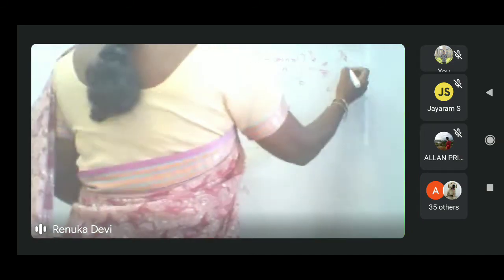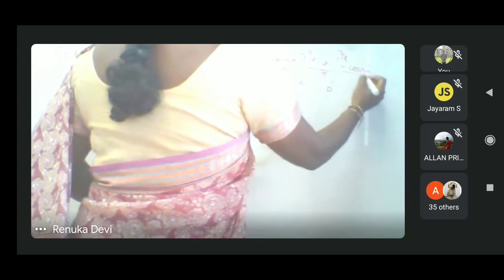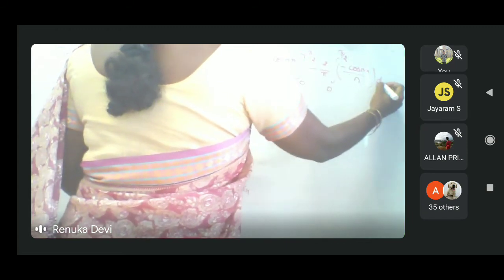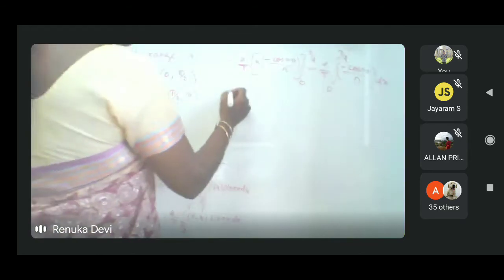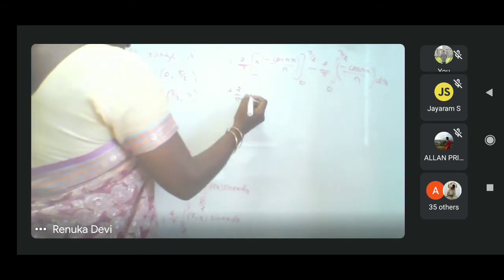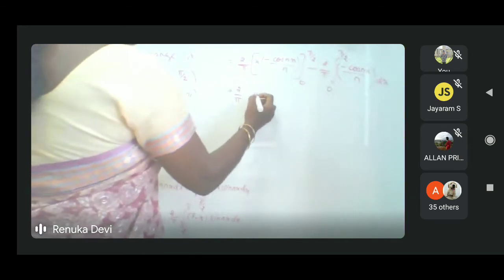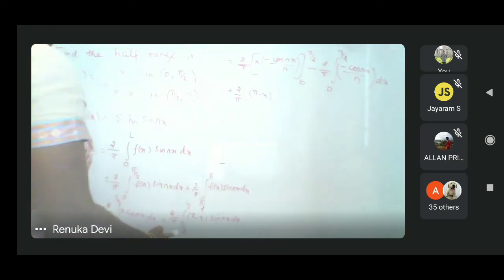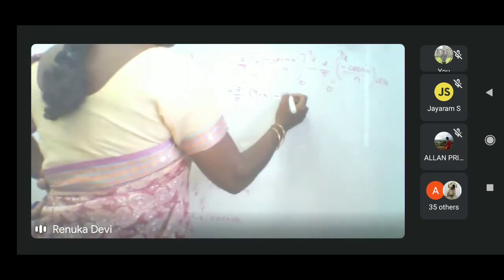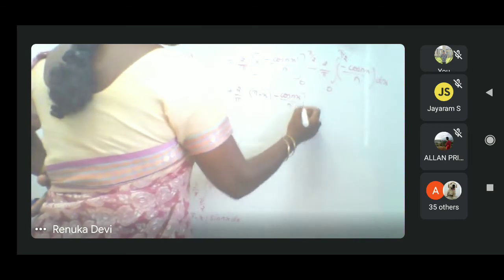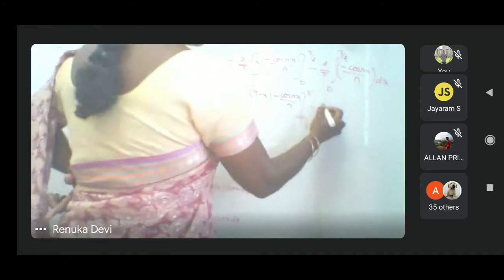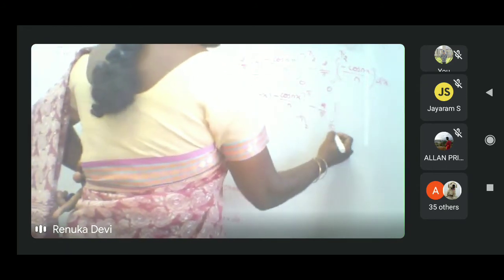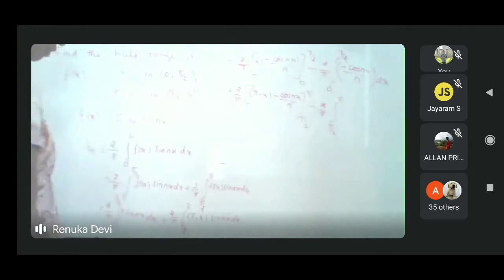What is your v? v is minus cos nx by n, du is dx. This is only for the first integral, we are using integration by parts. Similarly for the second integral, this is 2 by pi, u is pi minus x, dv is again sin nx, pi by 2 to pi, minus 2 by pi, pi by 2 to pi. What is your v?